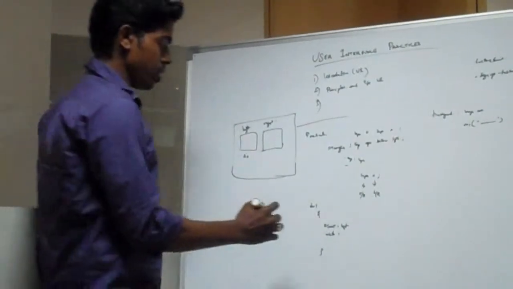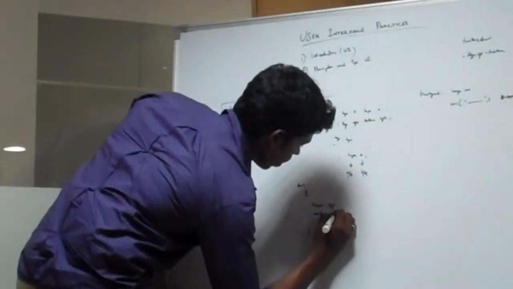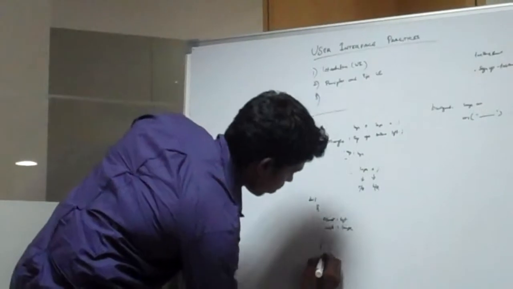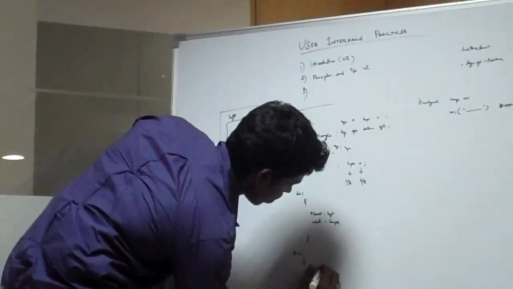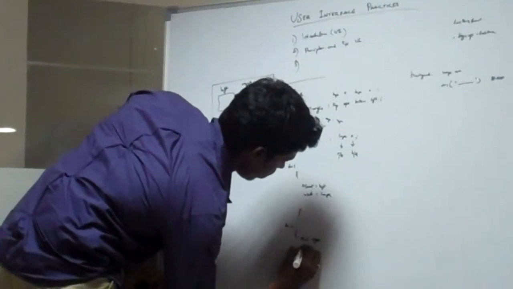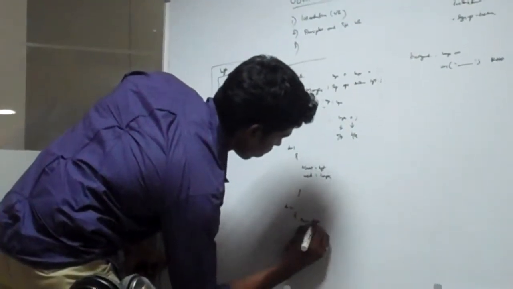So you have to give the necessary width, say 100 pixels. Similarly for div2, float right and then width 100 pixel again.